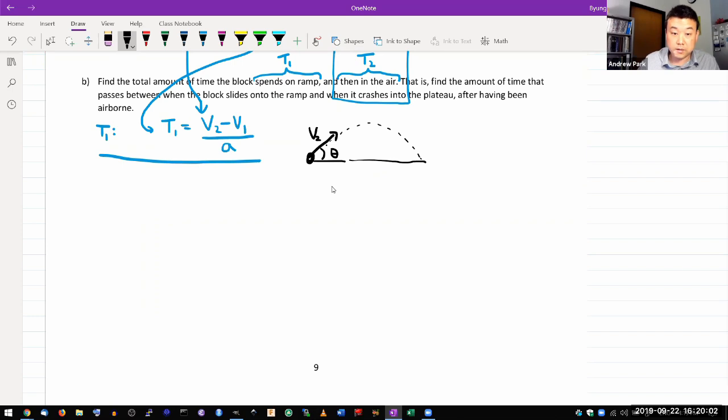And that could be, in some scenarios, finding the range of the projectile motion. Another parameter that you might be interested in is the duration of time it takes for the projectile to travel that trajectory. So that would be finding this delta t.